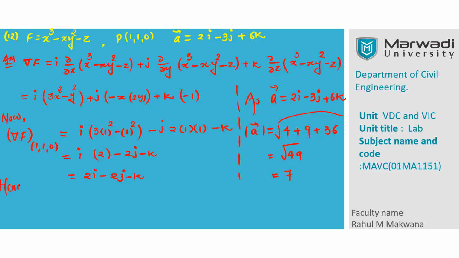Such that the directional derivative is nabla f dot vector divided by magnitude. So we have 2i minus 2j minus k dot product with the vector 2i minus 3j plus 6k over 7.